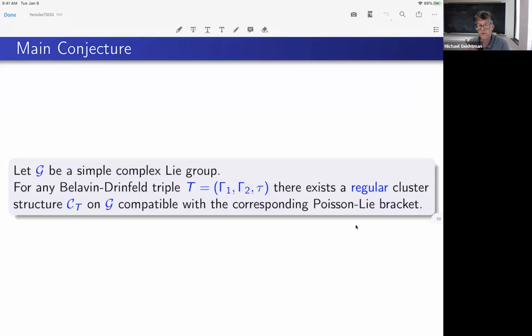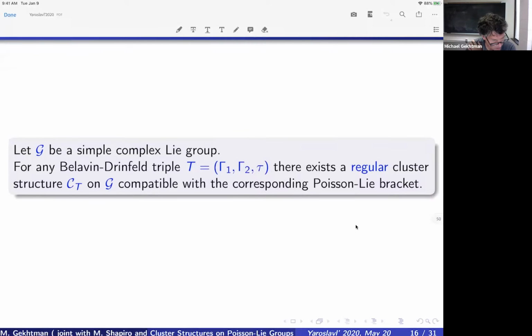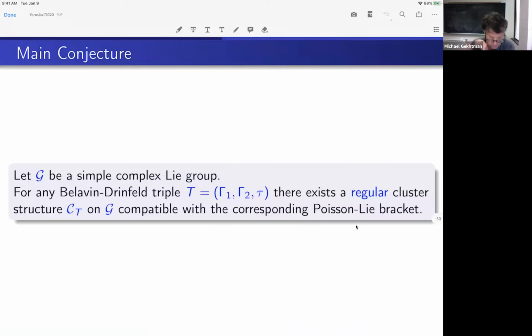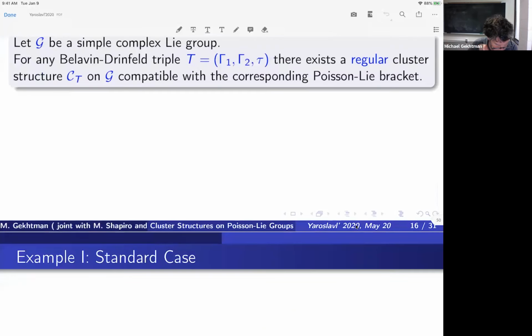This will be called the cluster structure compatible with this Poisson-Lie bracket. This was our conjecture, and at this point it is essentially established for GLN, but it's not yet clear how to deal with other types.